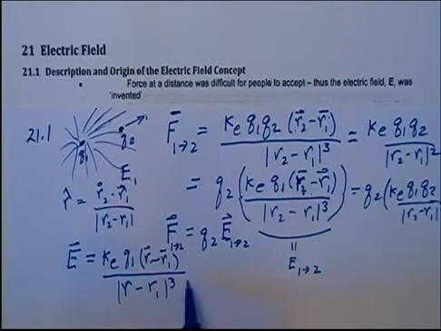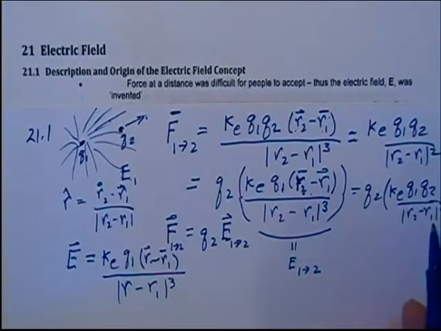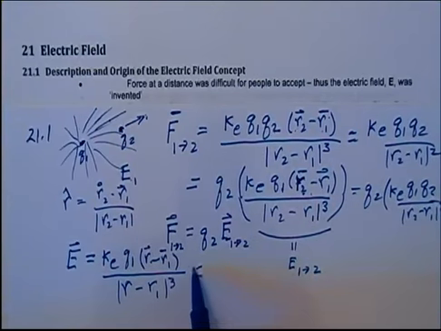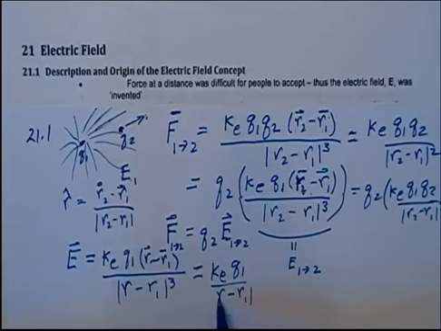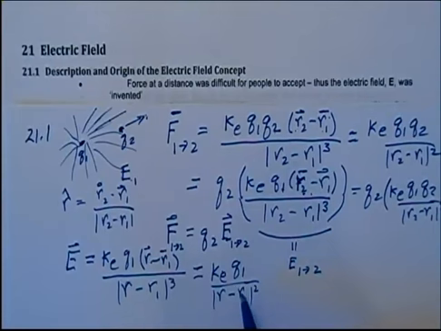And this is the electric field. Or if we wish, in this simpler form over here, without the vector, we can write it as Ke Q1 over R minus R1 squared. And that would be the field at the point R1.